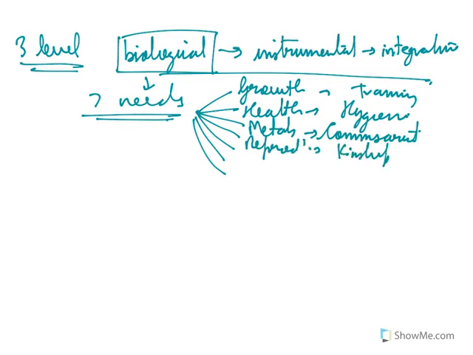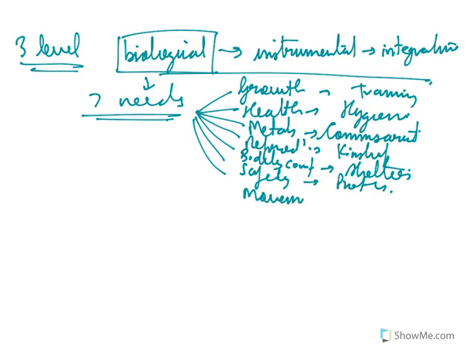For bodily comfort, it was shelter, for safety, it was protection, and for movement, it was activities. Now, these were the seven biological needs.